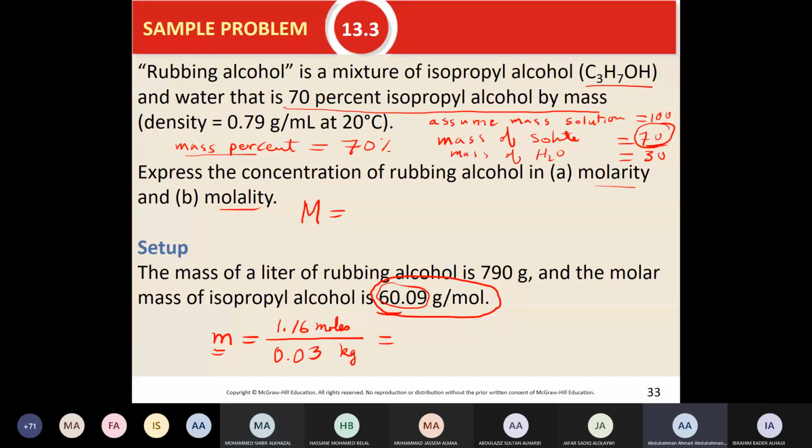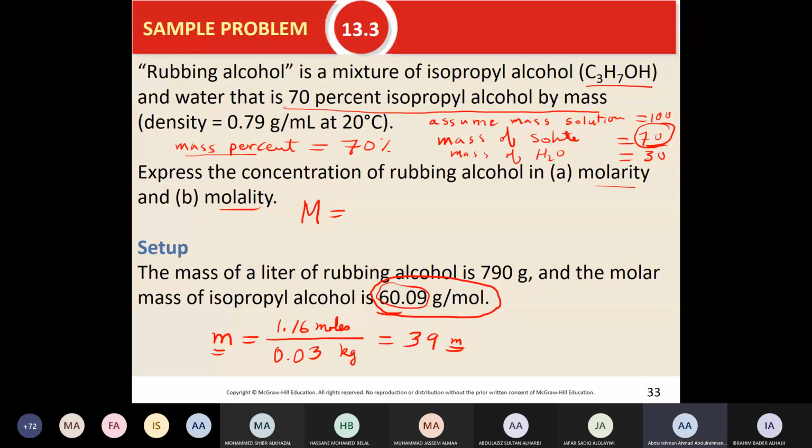What's the answer? 38.7, about 39 molal. Very good. Do you know how to do it?